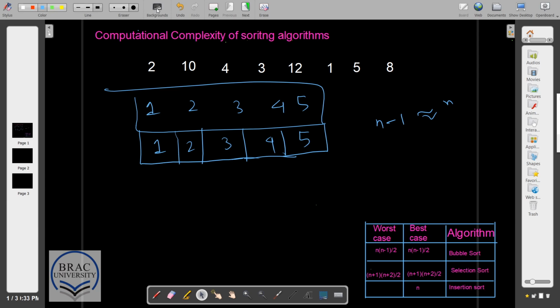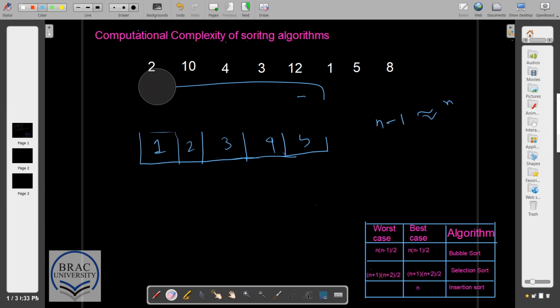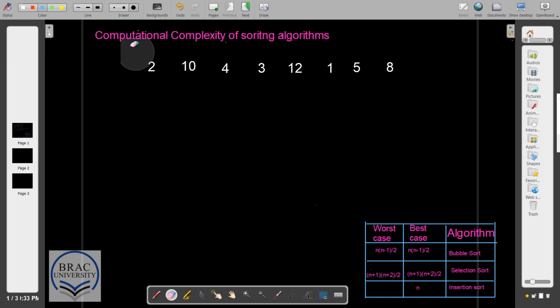Actually, the worst case happens when the array is sorted but in the opposite order. Let's say we want to sort this array from the smallest element to the largest element, but it is already sorted in the opposite order.